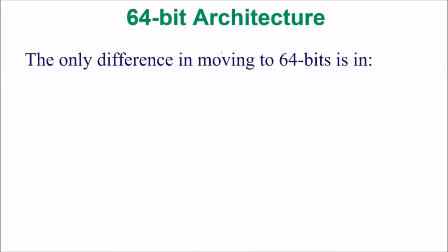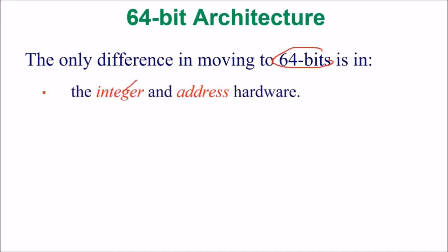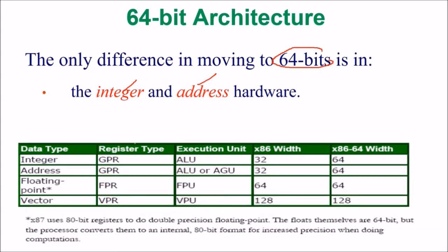In the 64-bit architecture, the only difference in moving to 64-bit is in the integer and address hardware. The data type is integer or address, the register type is GPR, and the execution unit can be ALU or AGU. In x86, that is 32-bit, it was 32, and here for x86-64 these are 64-bit.